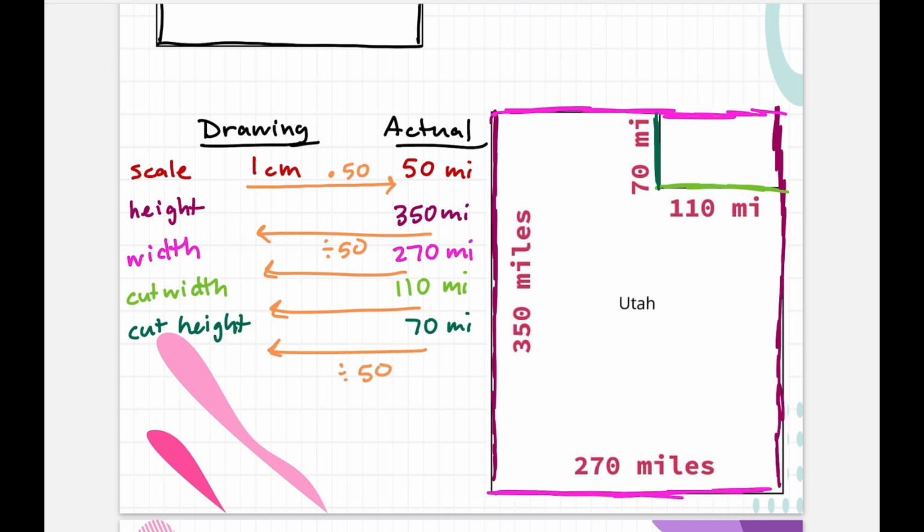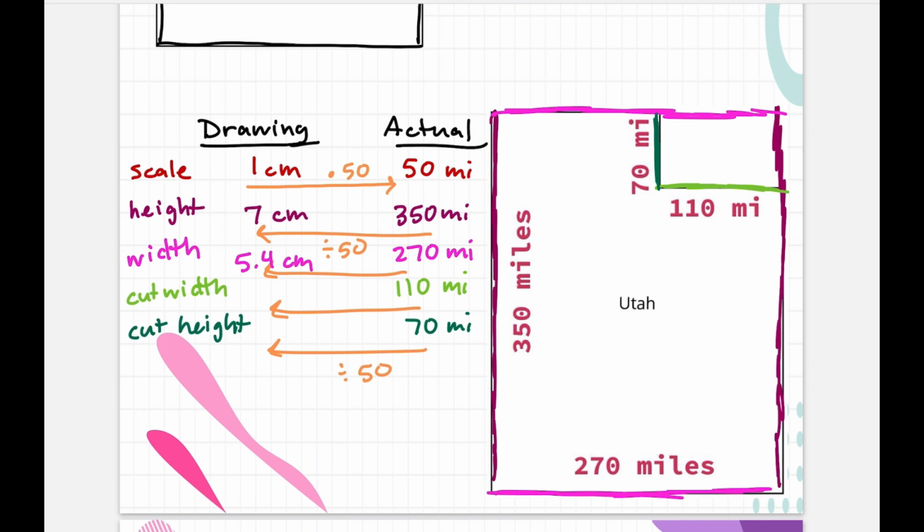Let's get started with those calculations and let's document them on our paper. 350 divided by 50 is equal to 7. Don't forget, we're also changing our units of measure to centimeters. The width is 270 divided by 50. So the width is going to be 5.4 centimeters. Now it's time for the cutout width.